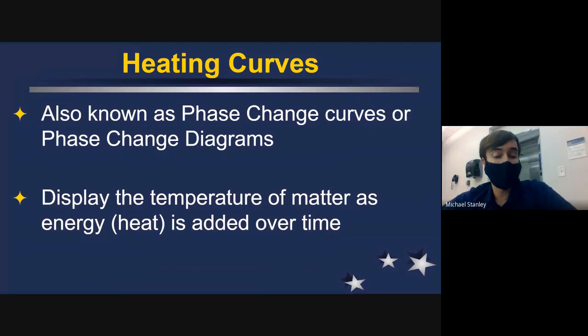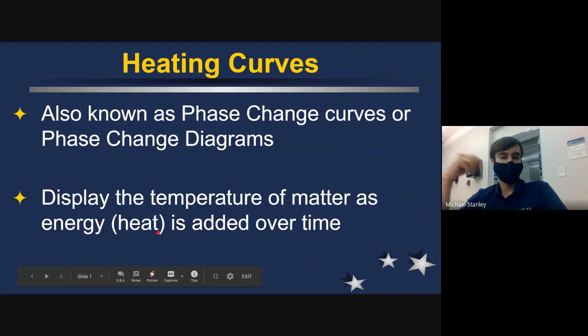Essentially, a heating curve is a graph that shows the temperature of a piece of matter, whatever stuff we're doing our measurements and observations on. It shows the temperature of the matter as heat is added to it over time.